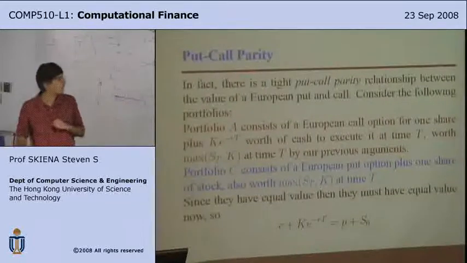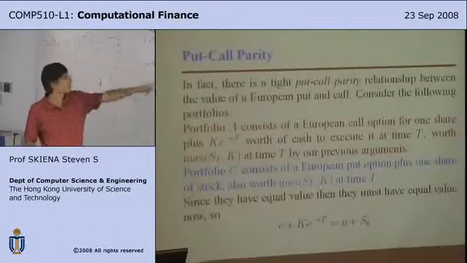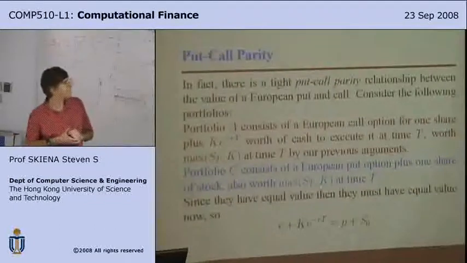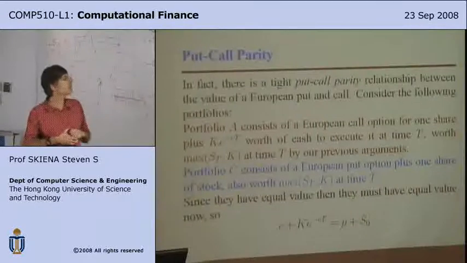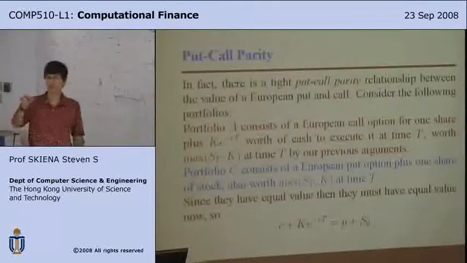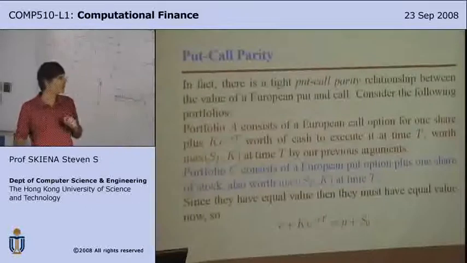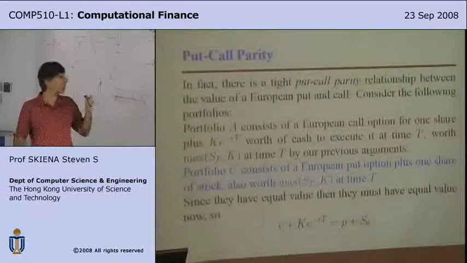Let's consider two portfolios. Portfolio A is the call option plus enough cash to use it. So I have the option to buy a share at K, and I have enough cash at time T to do it.